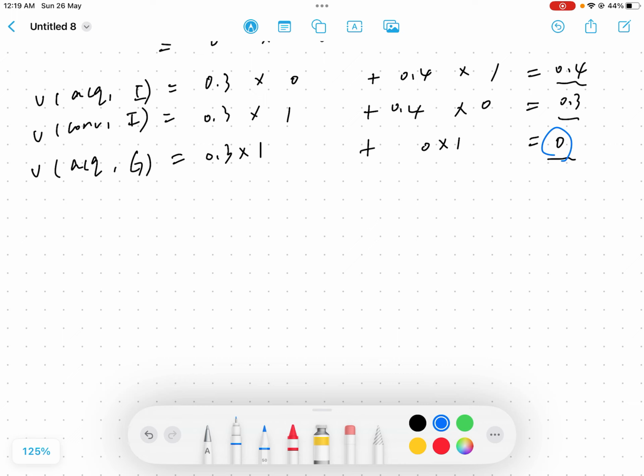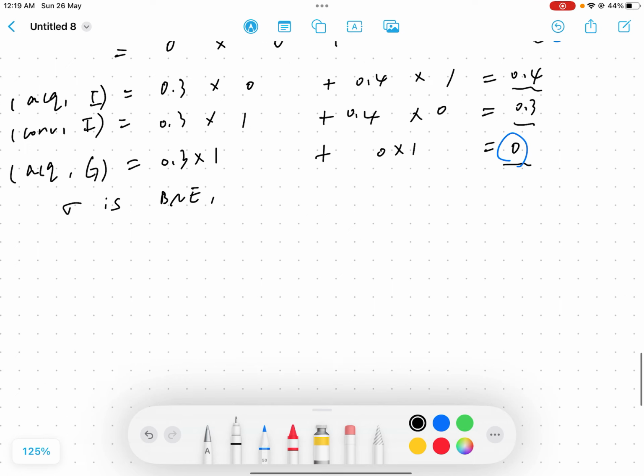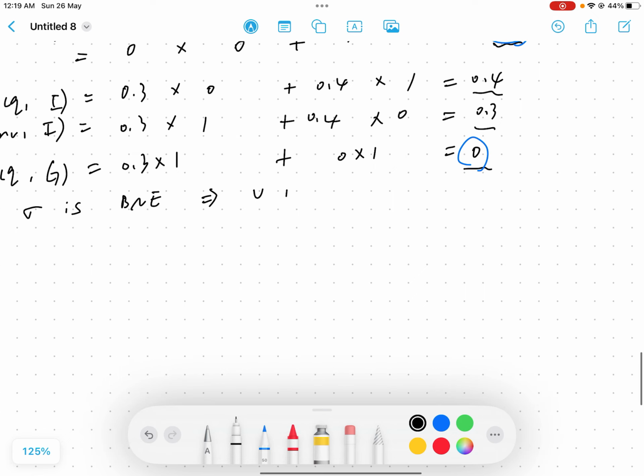So the sigma here is BNE, so this V is partially implementable, and we have already verified that.